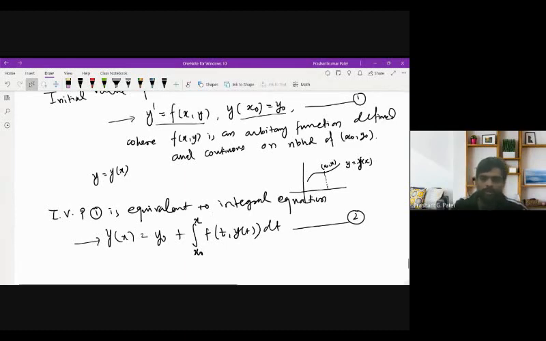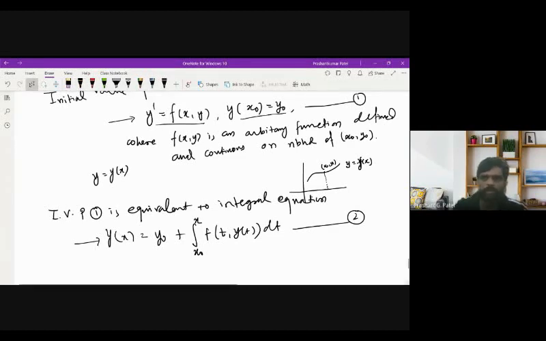Now to get the solution of the integral equation, I'm just starting with one initial solution, that is y0.